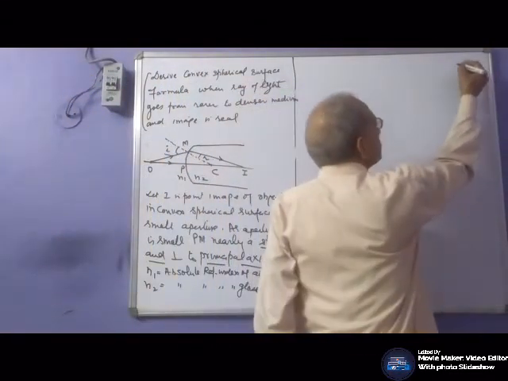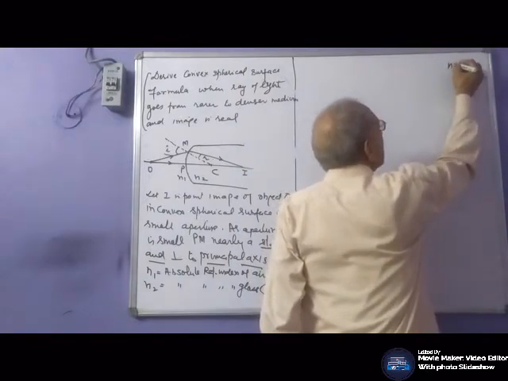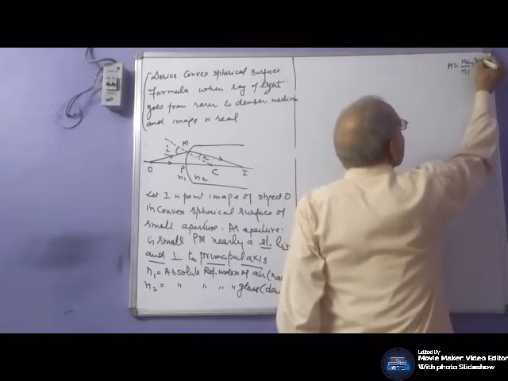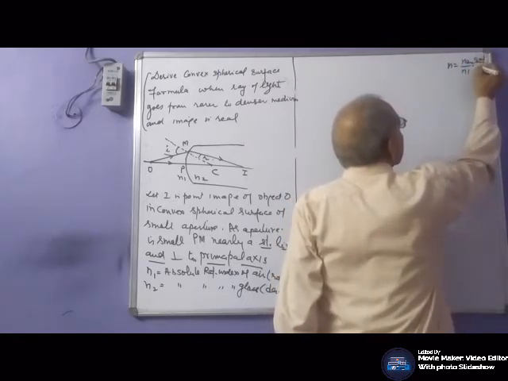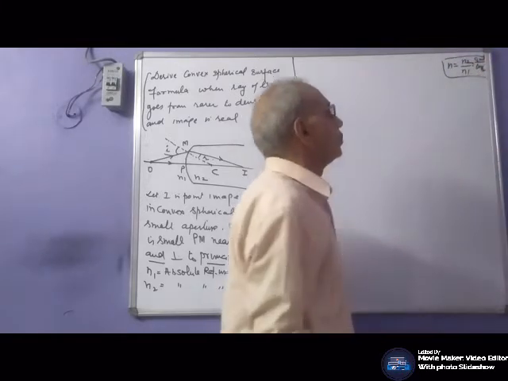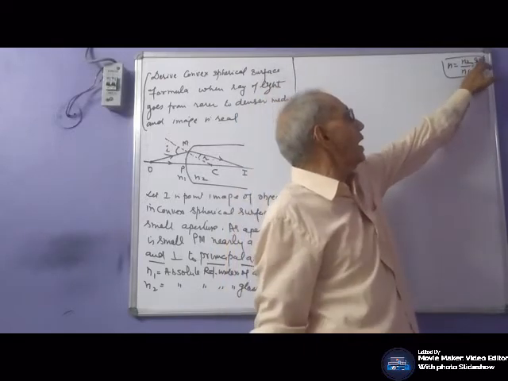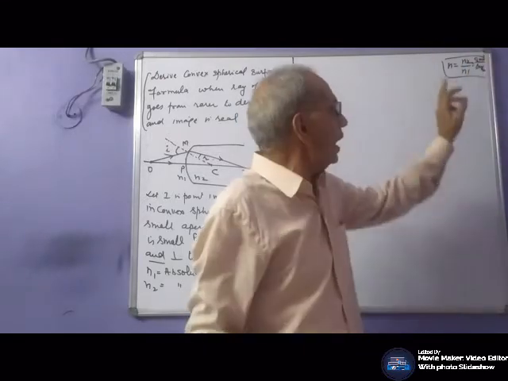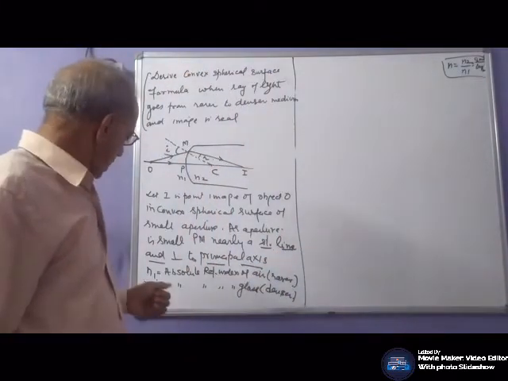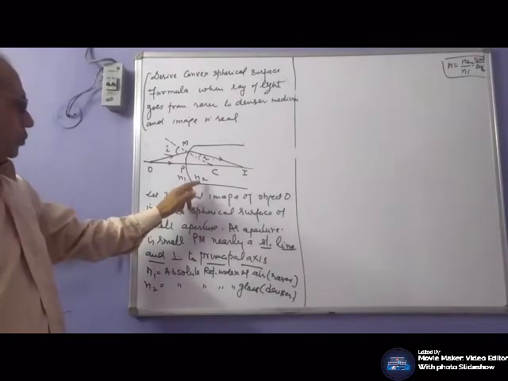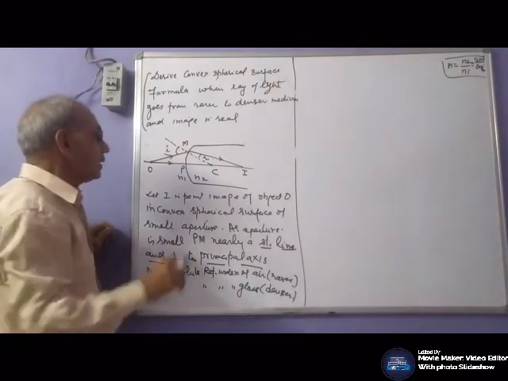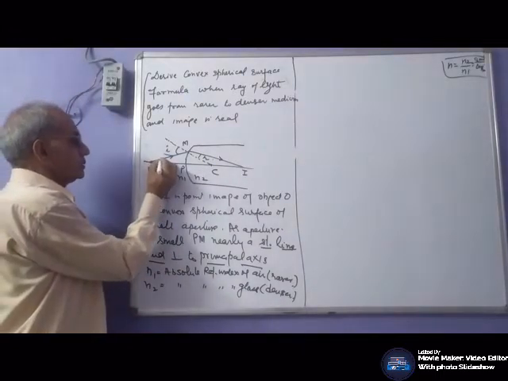We know this thing, N2 by N1 equals sin I by sin R. Rarer to denser, sin I by sin R. We have to apply this. So N1 and N2 are shown. I, R. To find I and R, take base angles.